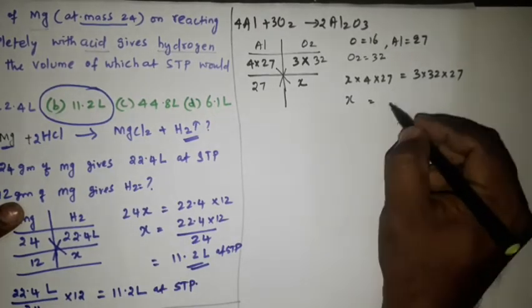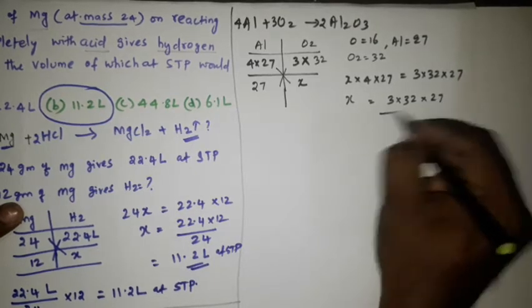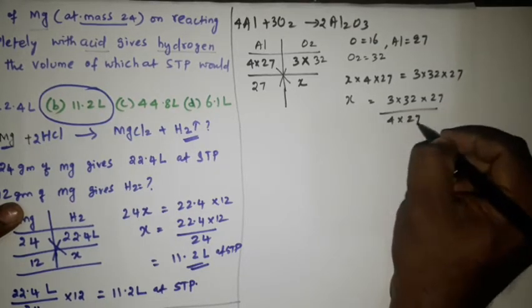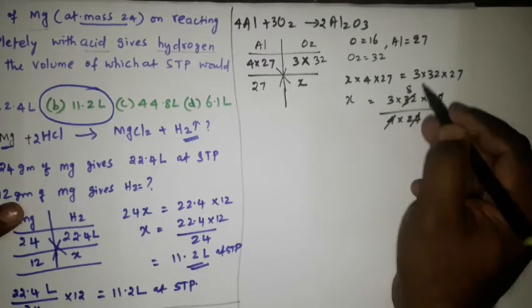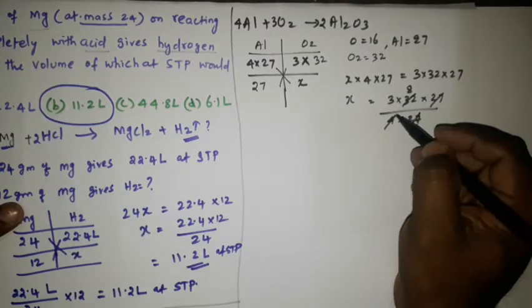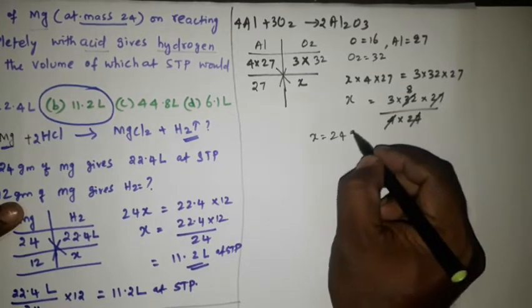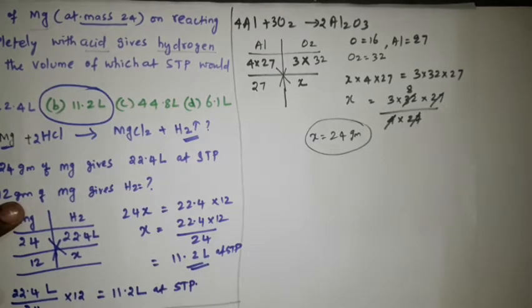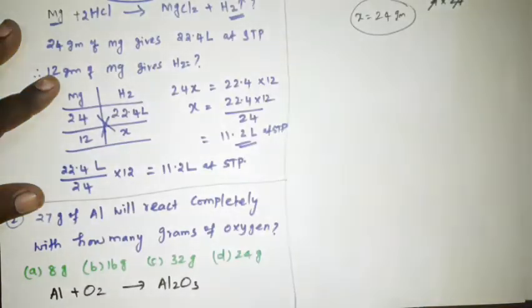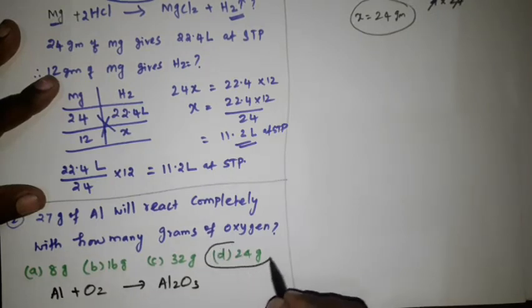X equals 3 into 32 into 27 divided by 4 into 27. Now cancel this 27. 4 into 8 equals 32. So what will be the answer? X equals 24 gram. So the answer is option D, 24 gram. Clear?